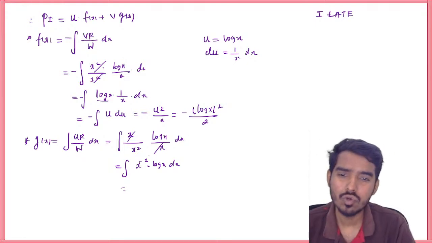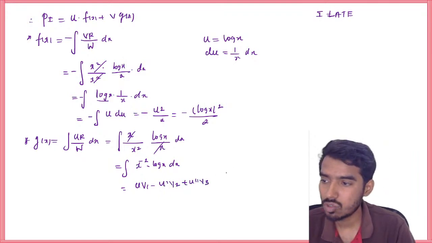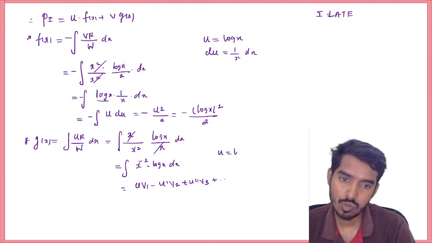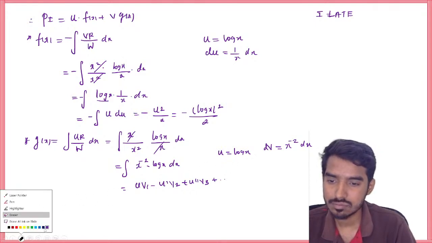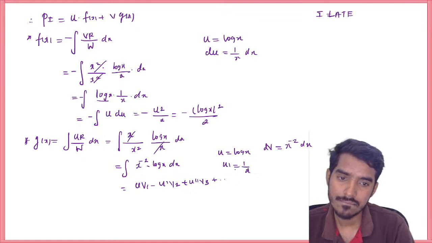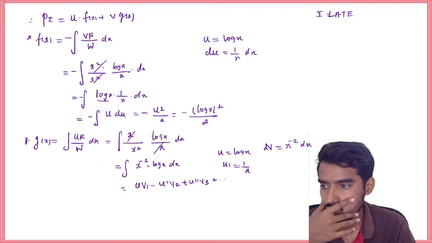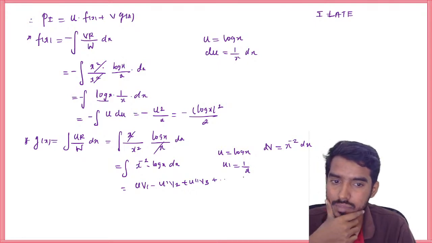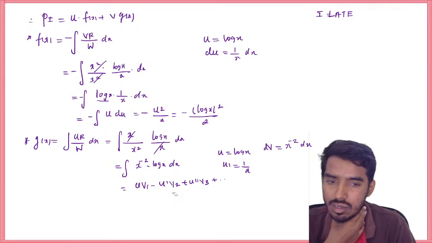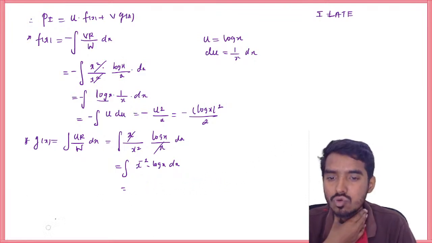Take u to be log x, and dv to be x^(−2) dx. Then du is 1 by x dx, and v is −1 by x. The integral is u v minus the integration of v du.